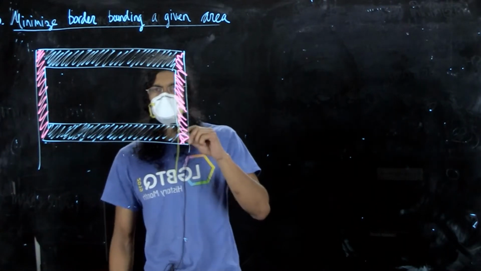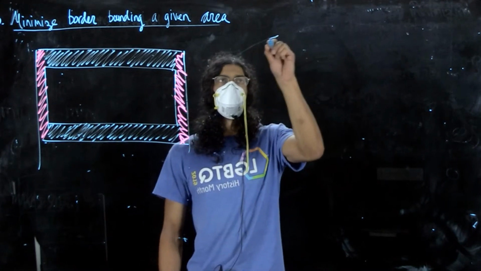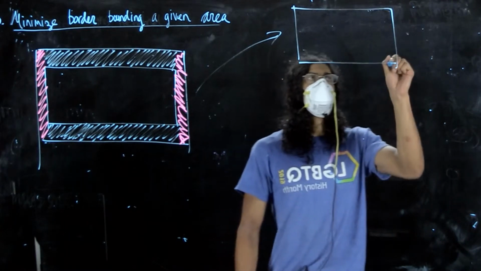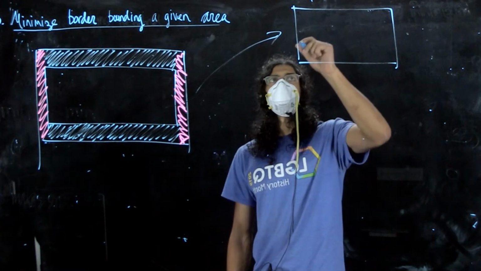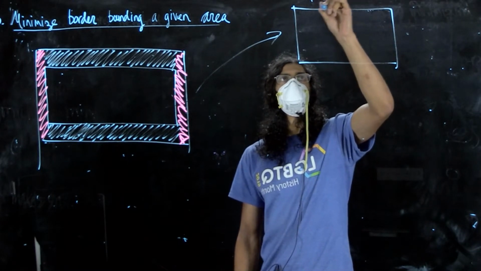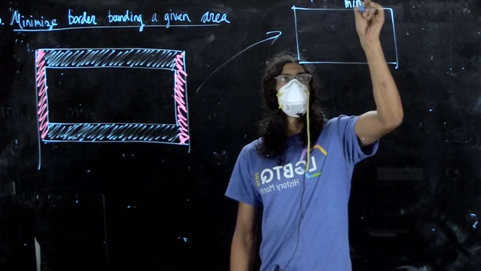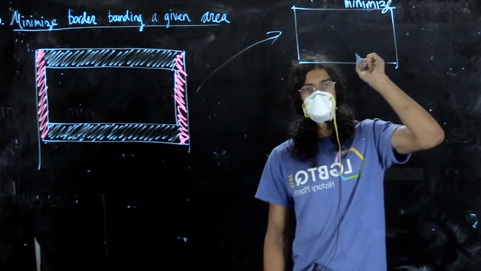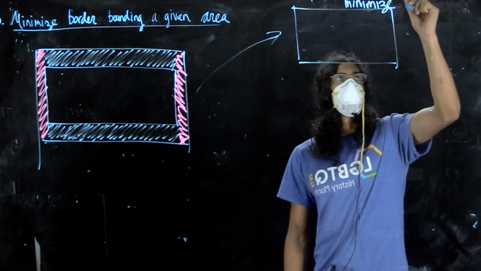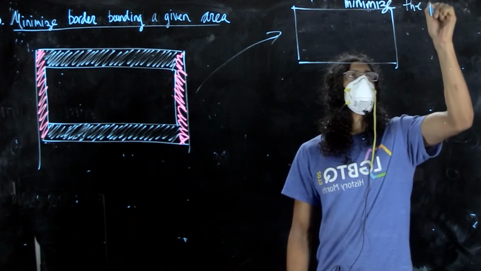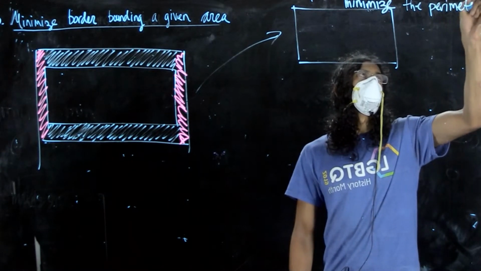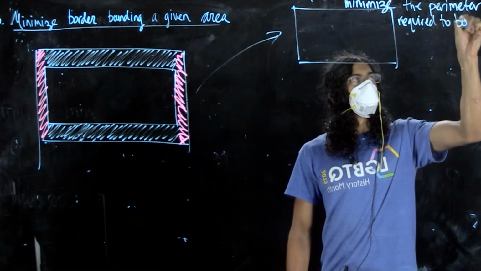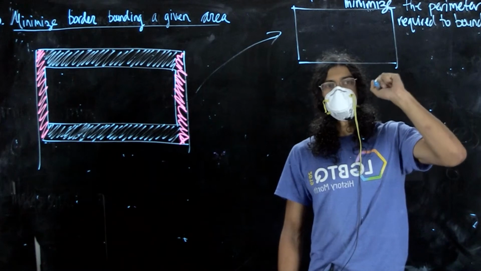For intuition, I want you to think of a similar example, which is that of a rectangle where you want to minimize the amount of perimeter needed to bound a rectangle of a given area.